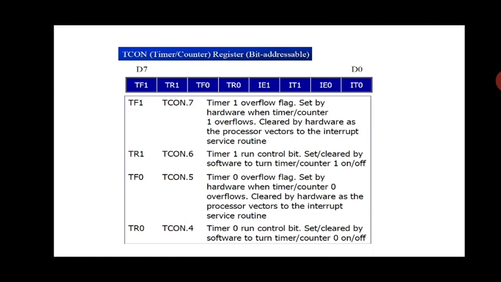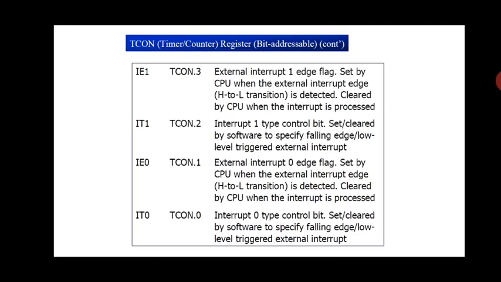Then IE1, the external interrupt 1 edge flag. It is set by the CPU when an external interrupt edge, that is a high to low transition, is detected. Otherwise, it is cleared by the CPU when the interrupt is processed.